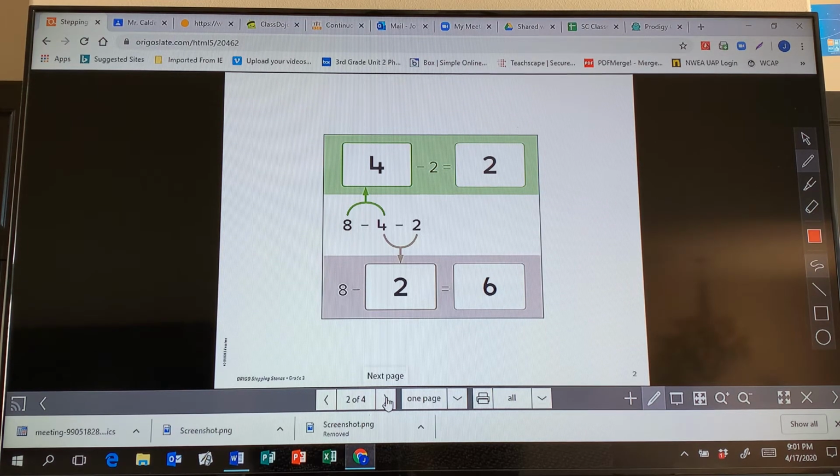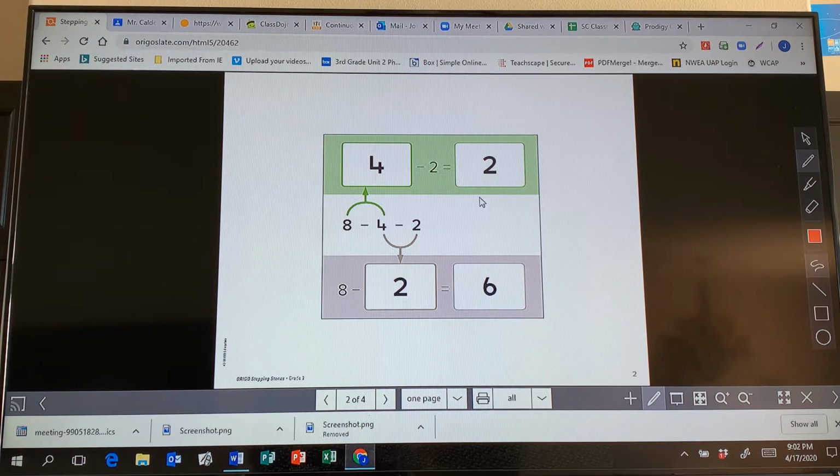Now, for example, in this particular problem, we have 4, and we're now breaking it into 8 minus 4 minus 2. So that same equation can be 8 minus 2 equals 6. So again, what this is showing you is that in subtraction, it's not going to necessarily work the same.